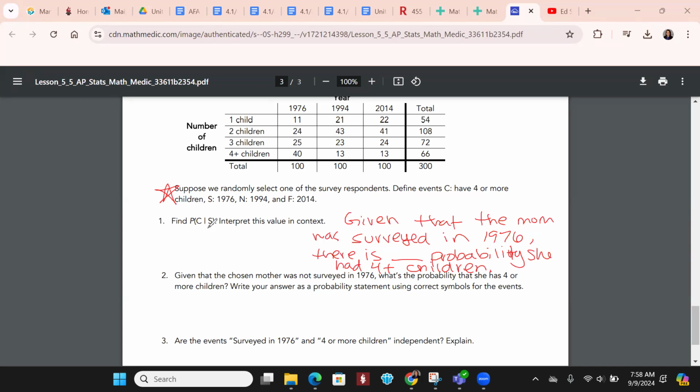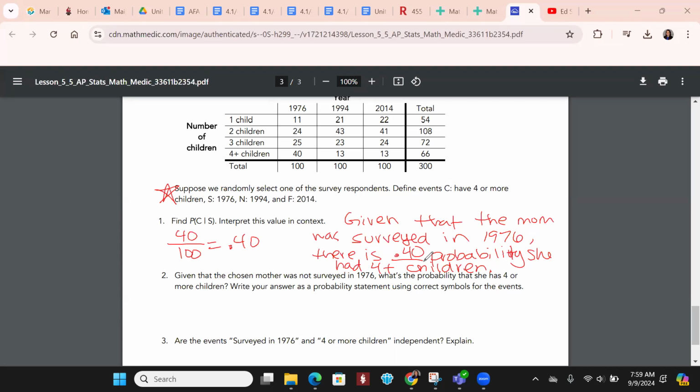Out of the people in 1976, how many had 4 or more children? 40. So 40 divided by 100 is 40%. Actually, let's leave it as a decimal, because we need that for the next little spiel, when we start talking about p hat. We're not there yet.